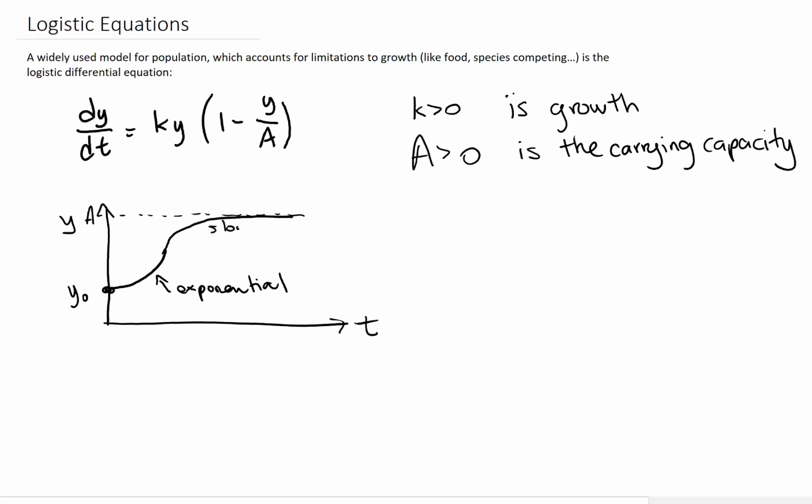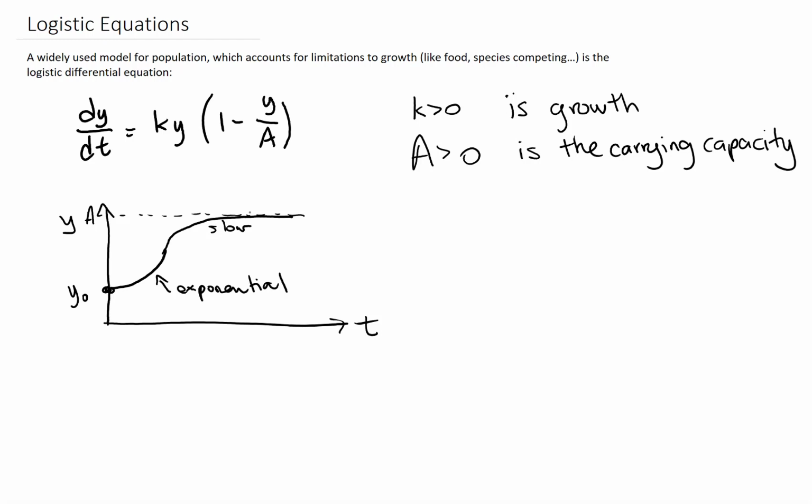So you get population growth that goes exponential, lots and lots of bunny rabbits. They eat everything, they can't have offspring as quickly, or the predators start eating them because there's lots of them, and their population will slow and stabilize.